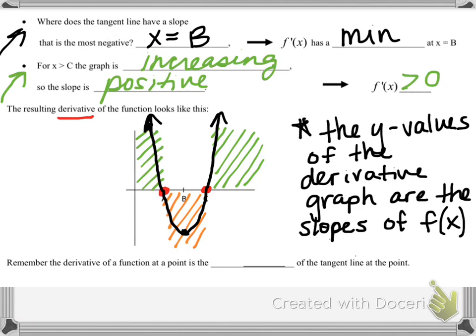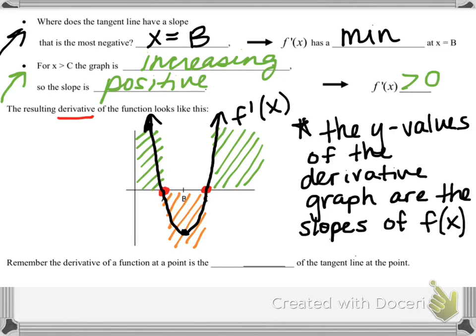So this parabola-shaped graph would be the graph of my derivative. In fact, we'll study later why the original graph was cubic, which caused our derivative graph to be 1 degree less, making it quadratic. A function that is degree 3 will automatically have a derivative that is degree 2. We'll study that a little bit later.